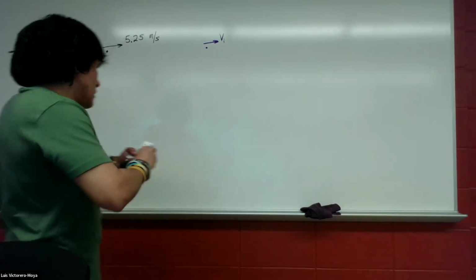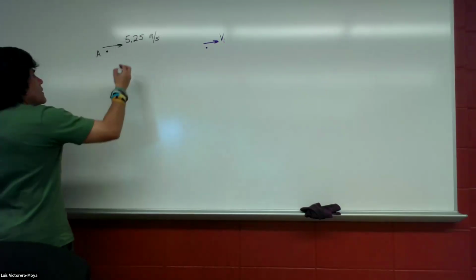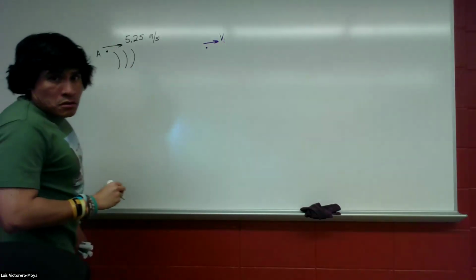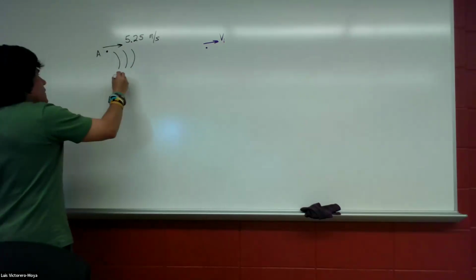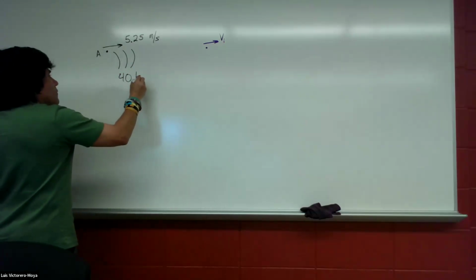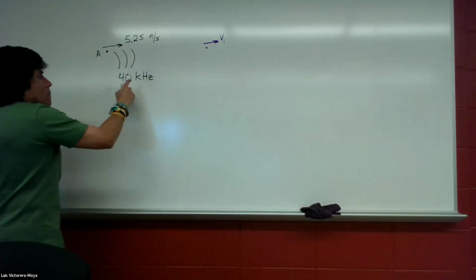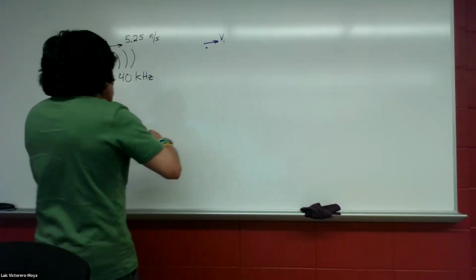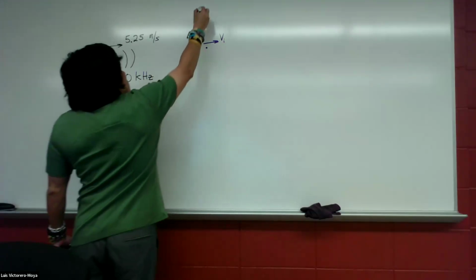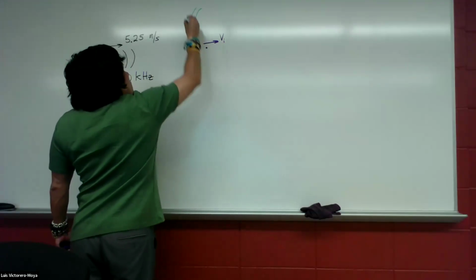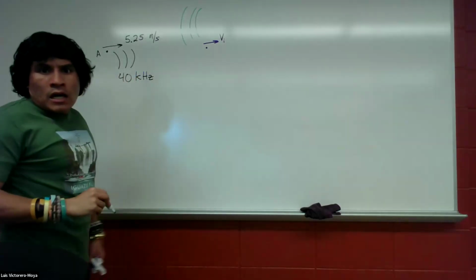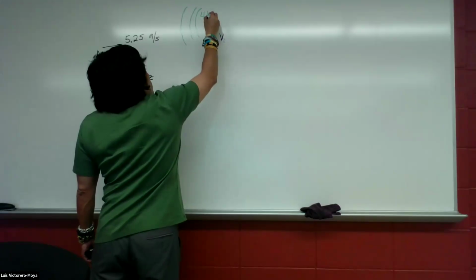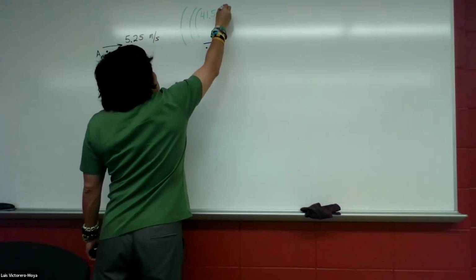The bat emits a signal at, let's just say, 40 kilohertz. And then it receives an echo which is at a higher frequency of 41.5 kilohertz.